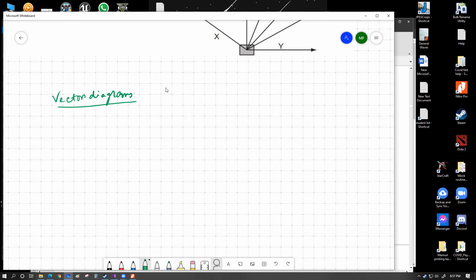We're not gonna look at the polygon rule. The first one is the triangle rule. The second one is parallelogram rule. And the third one is polygon rule.